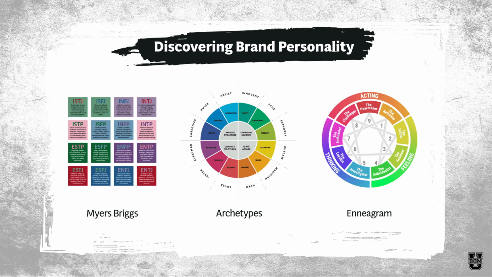And with archetypes, you usually pick one or two that you can use to help convey your brand personality. And then there are things like Enneagrams, and there's a plethora of other online personality tests as well. So this can definitely help you figure out what your personality is, and you can apply that to how you show up in your business.